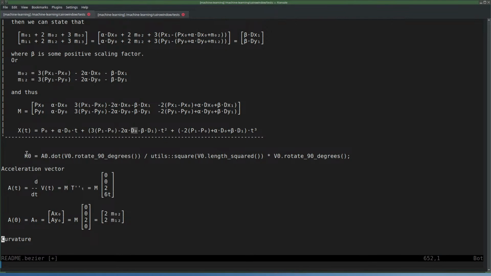So we can work with a signed curvature and then just say that that signed curvature times the direction vector of the velocity rotated 90 degrees is the curvature vector. So what I really want to add here is just a real, which can be positive or negative. You really want to float here.